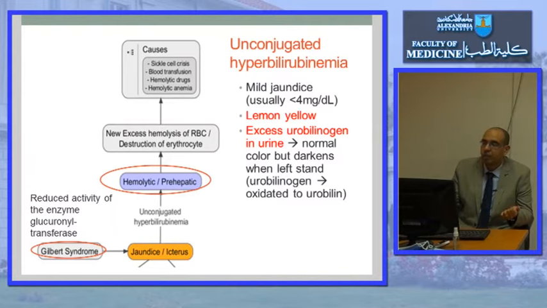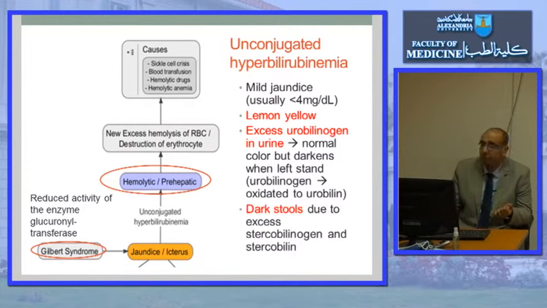As we said, in unconjugated hyperbilirubinemia, usually the color will be lemon yellow. There is excessive urobilinogen in urine, and the stools will be dark. Stools will be dark because there is increased hemolysis. There will be increased conjugation, an increased amount of conjugated bilirubin reaching the intestine, and increased stercobilinogen.